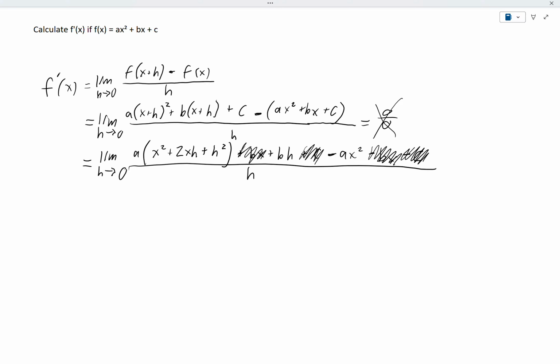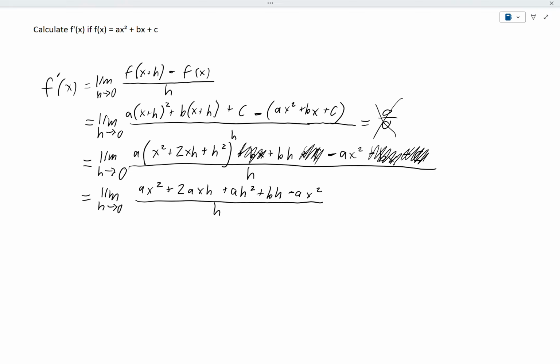And that looks like everything at the moment. So now I'll rewrite it out, and I'll distribute the a. So this becomes ax squared plus 2axh plus ah squared plus bh minus ax squared, all over h.